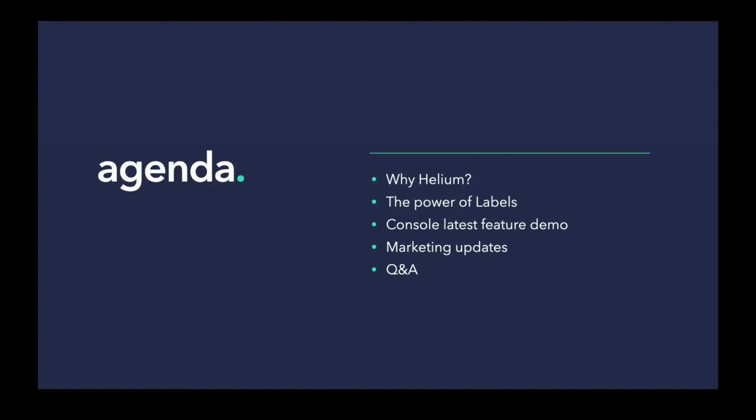Labels are a feature in console and really critical to effectively use console to manage devices, organize devices, use integrations, and also leverage this latest feature that we're going to talk about. In addition to that, we'll have some marketing updates that we'll share. And as I mentioned, the Q&A portion after that.